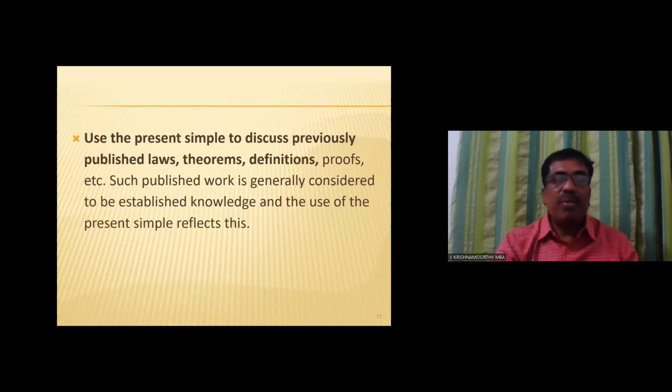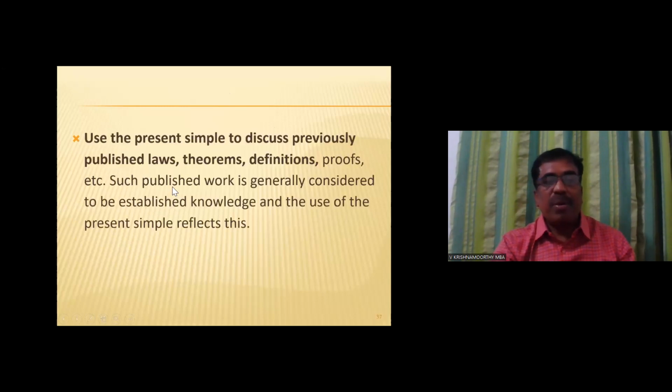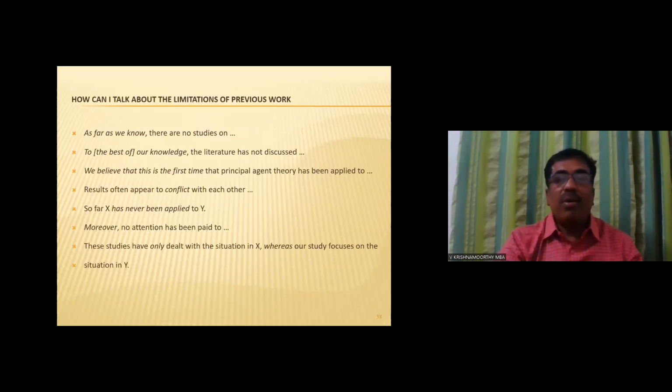Okay. What tense should I use? Normally the present simple or present perfect are generally used to introduce a literature review. Use the present simple to discuss previously published laws, theorems, and definitions. How can I talk about the limitations of the previous work?